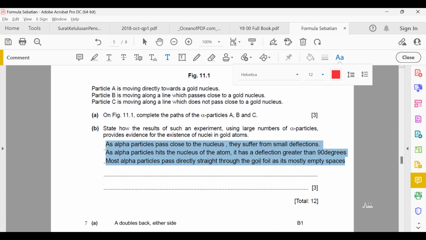If you write down these 3 keywords, you'll get your marks. Very easy, very straightforward. Okay.